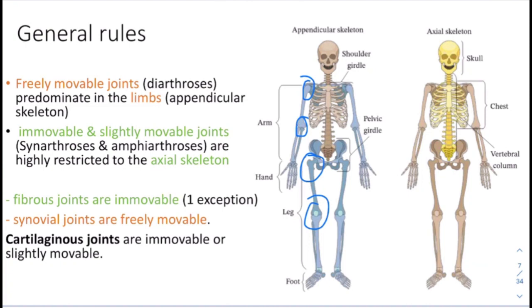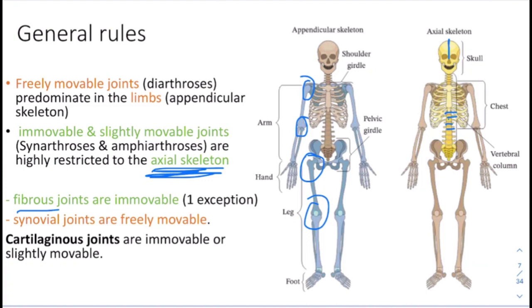And then immovable and slightly movable joints, so synarthroses and amphiarthroses, are highly restricted to the axial skeleton. For example, the sutures in the skull, and the fibrocartilage or the intervertebral discs between the vertebrae. So these are examples of immovable and slightly movable joints, and usually they are restricted to the axial skeleton.